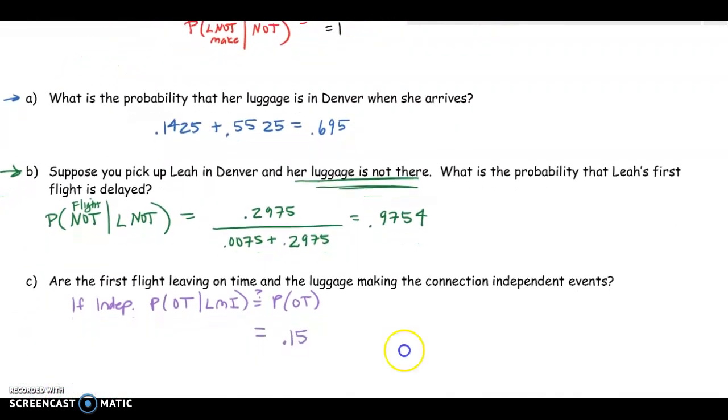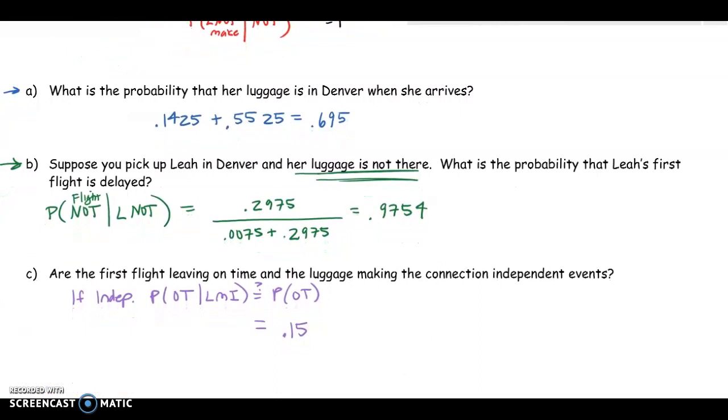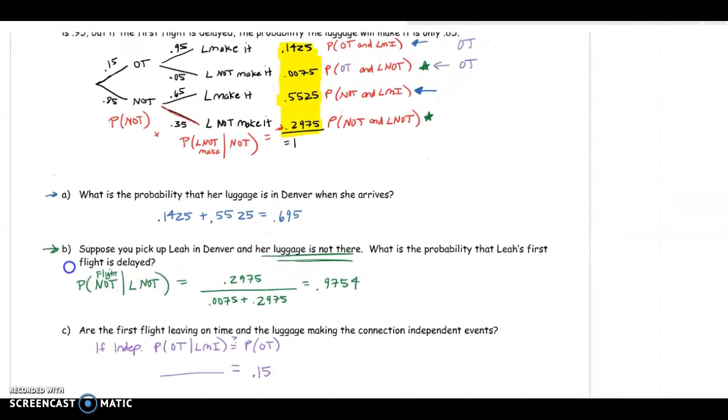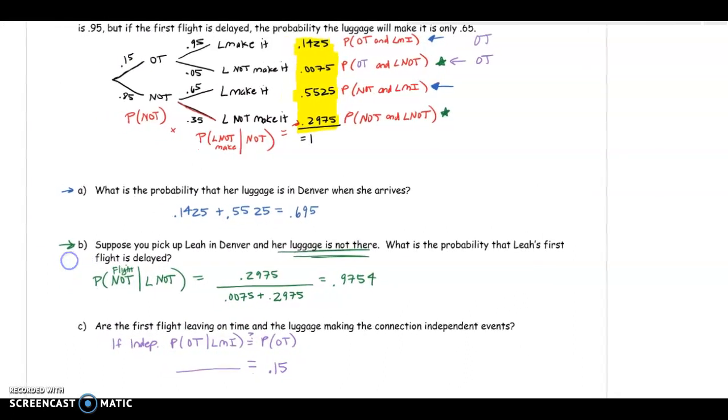So if I go to find the probability on the left, which is her luggage does not make it, or her luggage does make it. So on the bottom, I'm going to go into the tree diagram and I'm looking for where does her luggage makes it. And that denominator is going to be 0.1425 plus, where else does her luggage make it? That would be 0.5525.